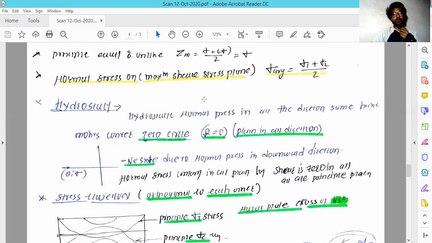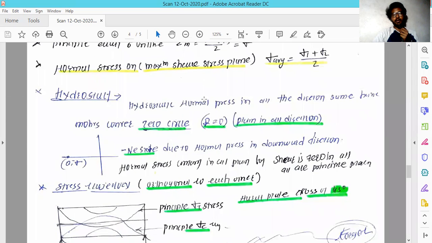And this is the most important statement, which is nothing but the normal stress on the maximum shear stress plane. Most of the time they used to ask this kind of question: find the normal stress on the maximum shear stress plane. As we have seen previously, the maximum shear stress is produced on an element at 45 degrees.